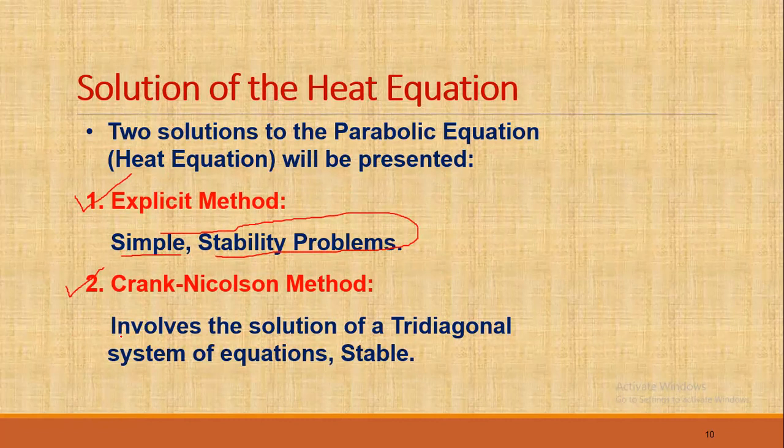Because the Crank-Nicholson method involves the solution of a tri-diagonal system of equations, and this is stable. So the explicit method has a stability problem, but the Crank-Nicholson method is stable because the solution is defined by a tri-diagonal system of equations. We solve the system and easily we get the answer. So Crank-Nicholson is better compared to the explicit.